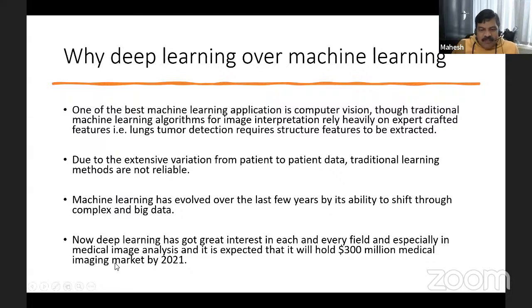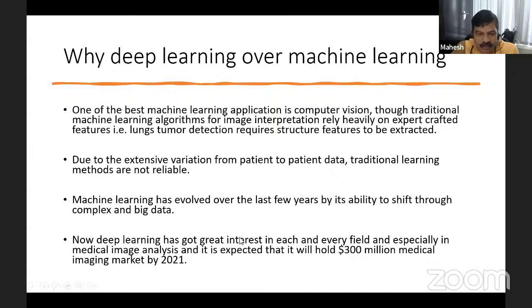Deep learning has got interest simply because of the development in hardware. Now we have very high-speed processing devices, because deep learning is a data-intensive processing technique. A lot of data is required, and we need proper tools to process that.